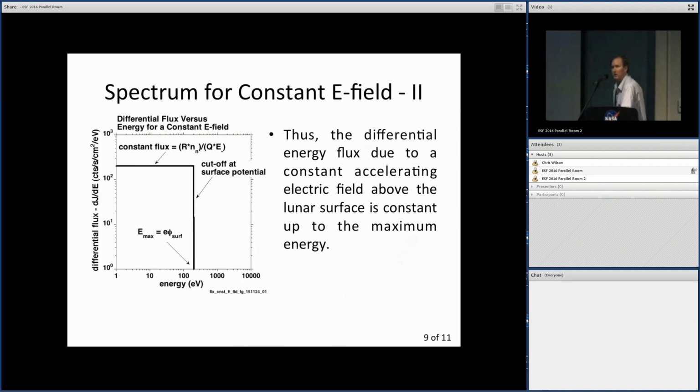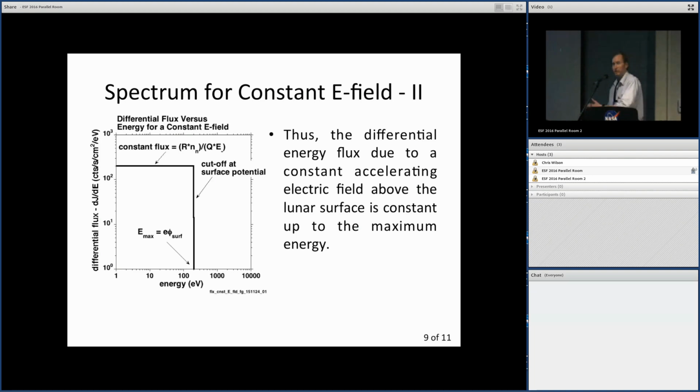So the shape of the flux spectra at the lunar surface, due to photoions accelerated by non-monotonic potentials above the lunar surface, resembles a stairstep, with a constant differential flux at low energies up to a cutoff energy determined by the lunar surface potential.